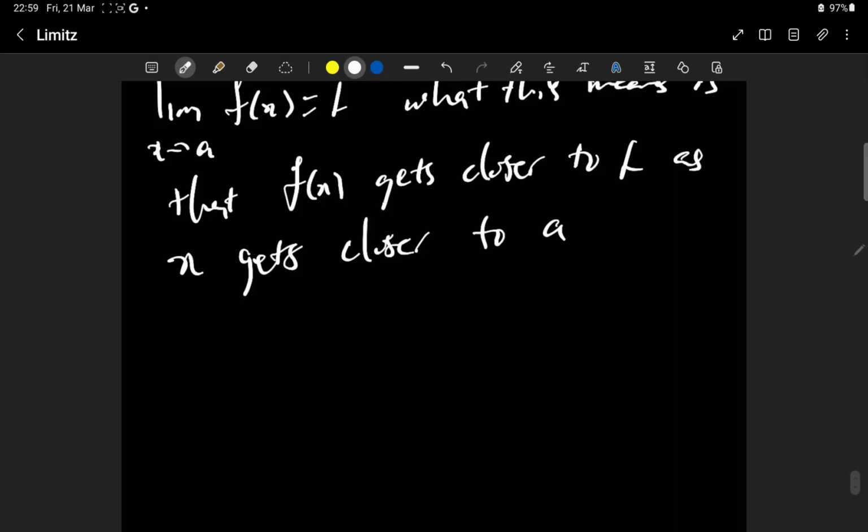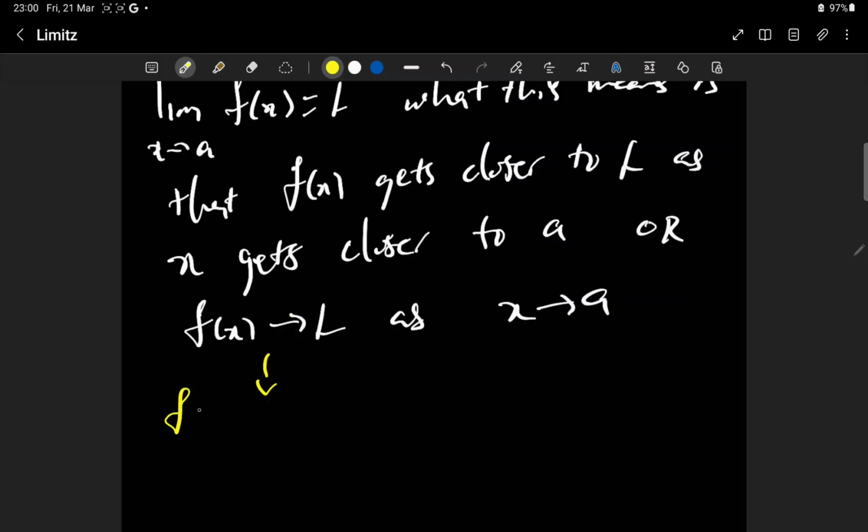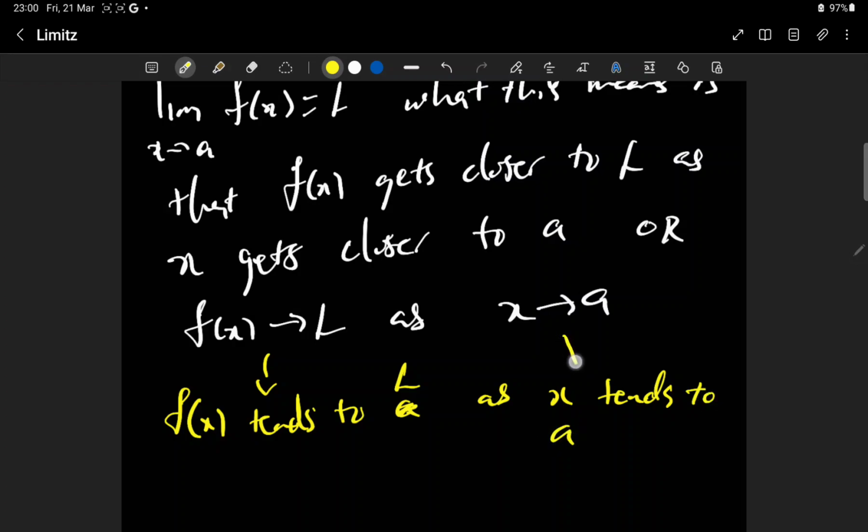Or you can say f of x tends to L as x tends to a. I'm repeating this, but for good purposes.